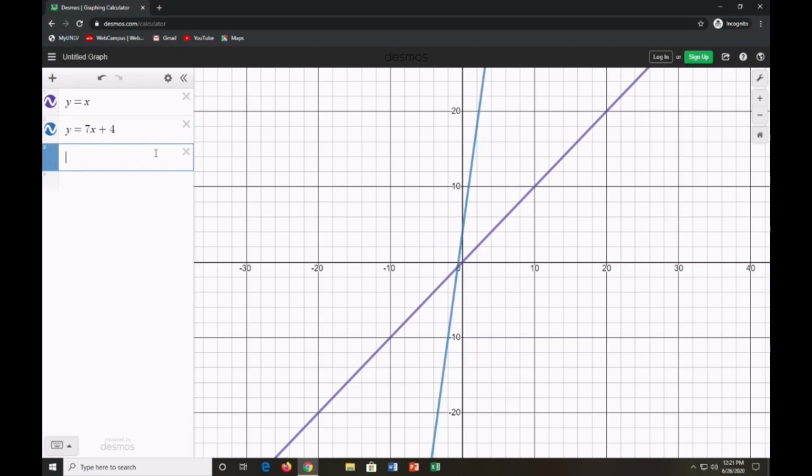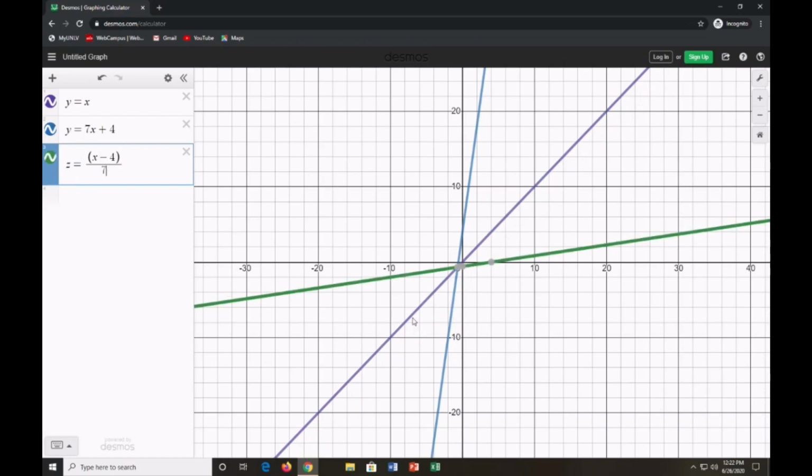And then we found the inverse, and that was (x minus 4) divided by 7. Look at that. So once again, the green and the blue line, those two are inverses of each other, and they are mirror images of each other across the purple line, y equals x. Do you see that? Okay.